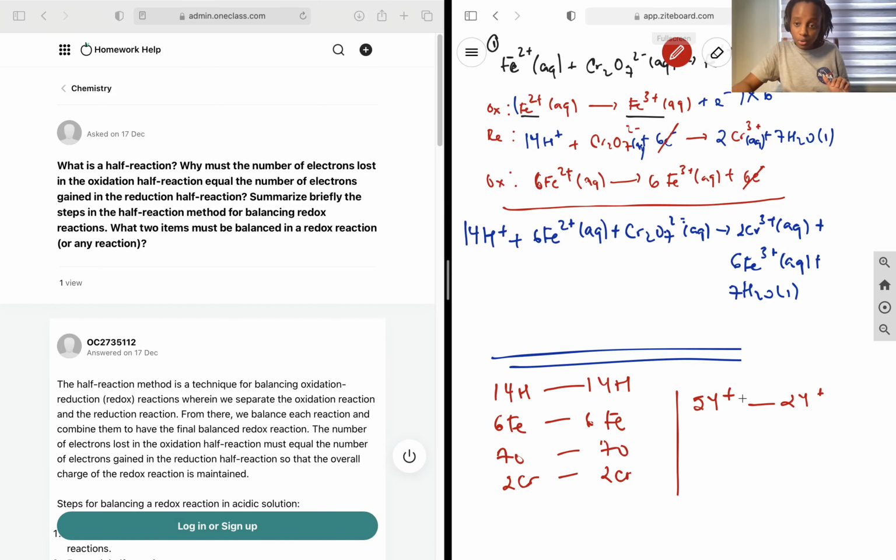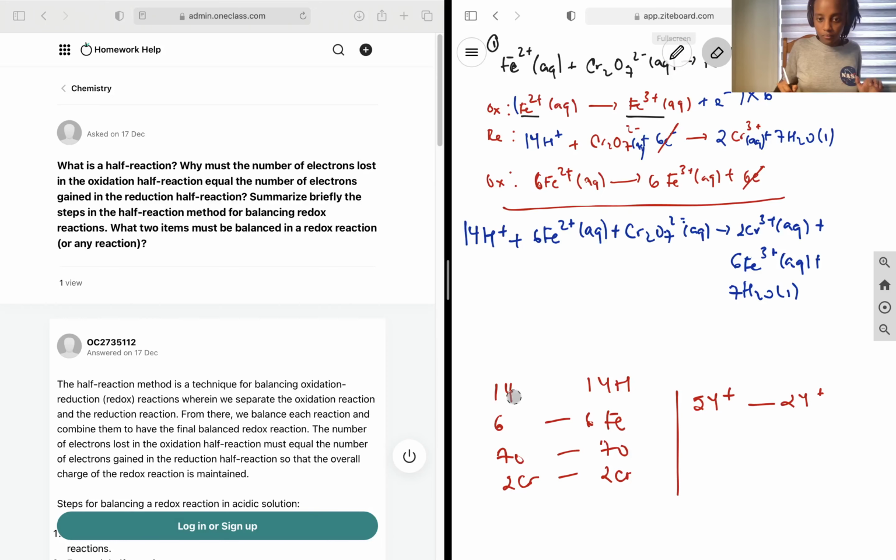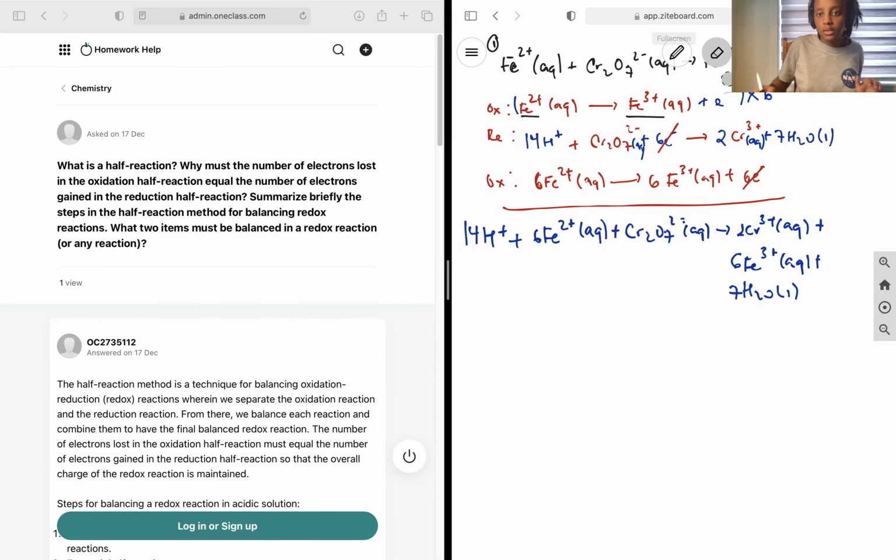If you want to continue, and it's a basic solution instead of an acidic solution, which they will tell you in the question, let's just run through that quickly. Then what's going to happen is here you add 14OH-. Similarly here, 14OH-.